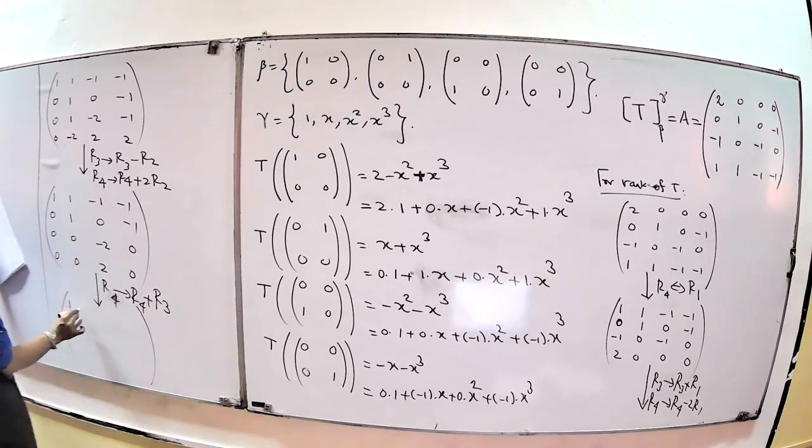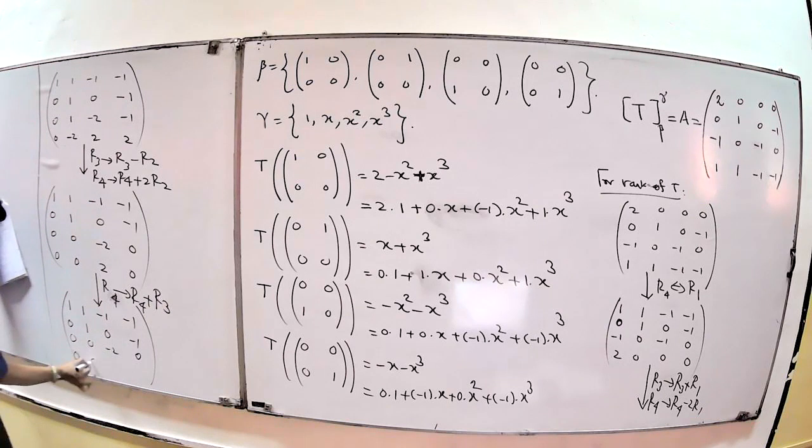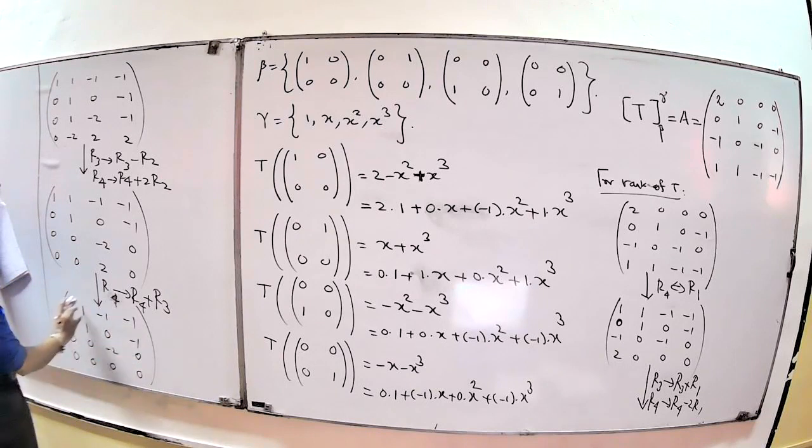Then you get 1, 1, minus 1, minus 1, 0, 1, 0, minus 1, 0, 0, minus 2, 0, and 0, 0, 0, 0. Therefore, it is an equivalent form, with the leading entries non-zero in 3 rows.